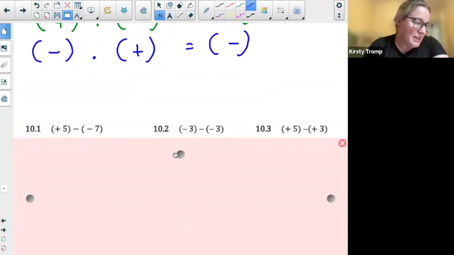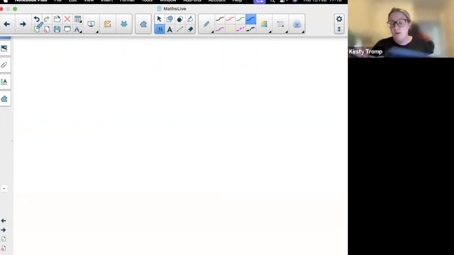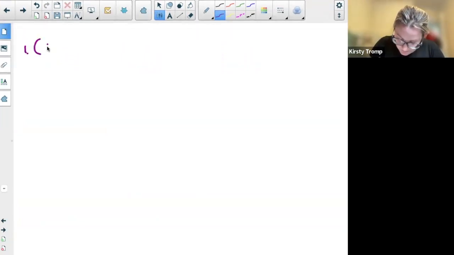Let's go have a look at some examples now. So, in the first row there's 3 examples. So let's start with, I've got +5 minus, and in brackets, -7. I'm going to go through it on another page here for myself. So I had +5 minus -7, guys.